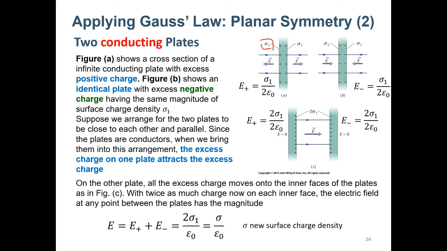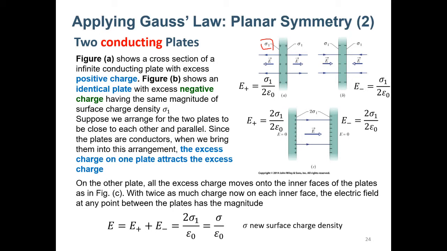All the positive charge will go to the right side, and the negative charge will go to the left side. So now all the E field generated by this one will go to the right side, and it will become 2 sigma 1 over 2 epsilon 0.